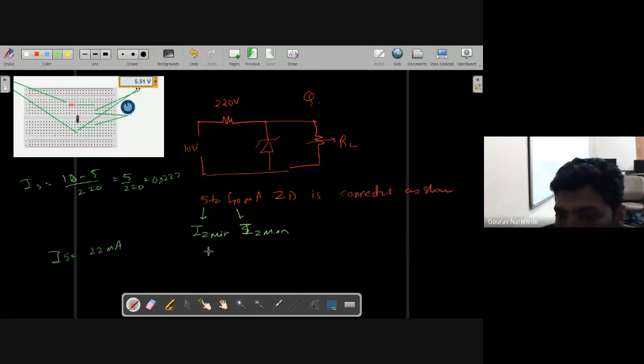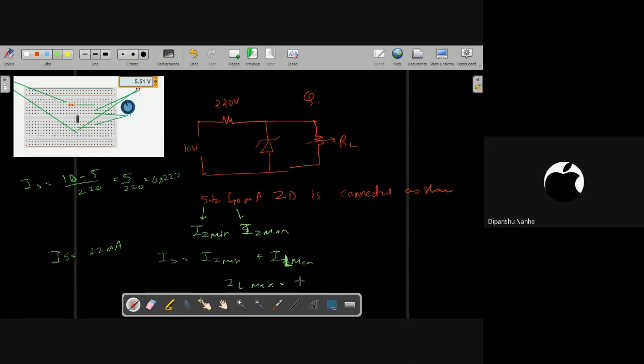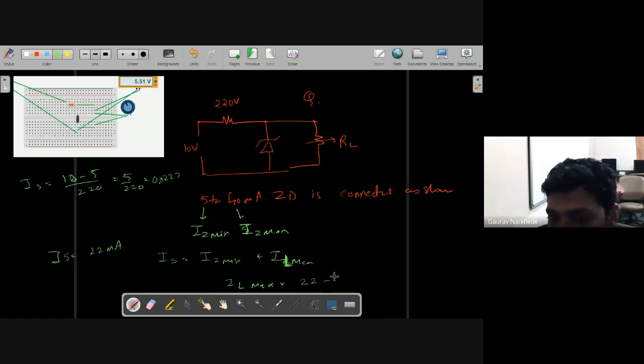Yes, sir. Okay, now can you find IL minimum and IL maximum? See, IS is equal to IZ minimum plus IL maximum, right? So IL max will be IS, which is 22, minus IZ minimum.